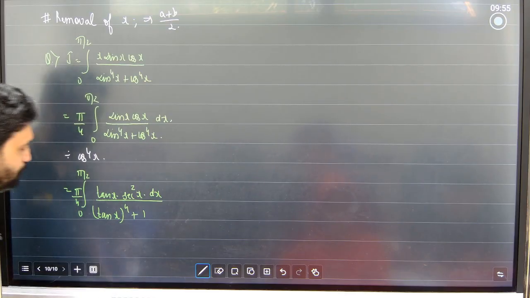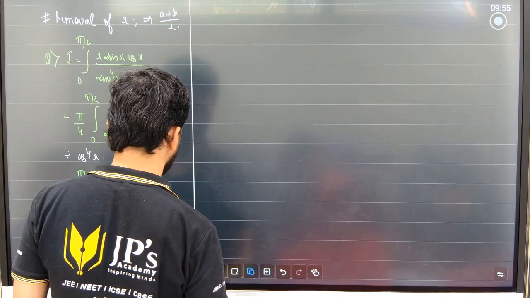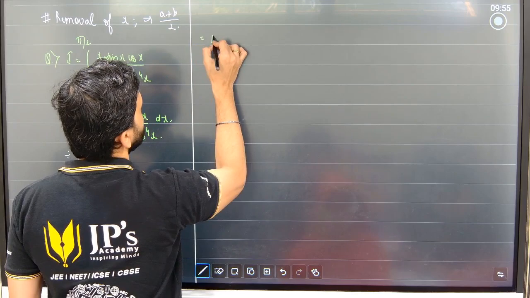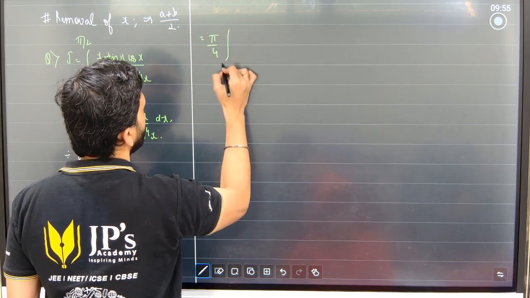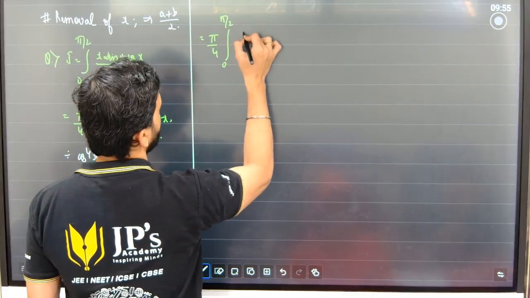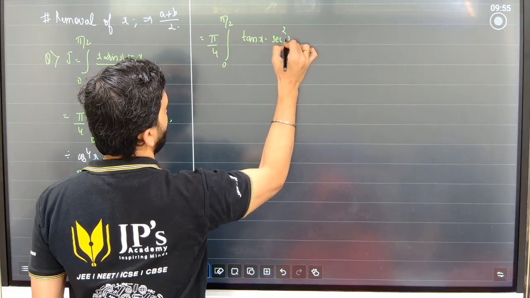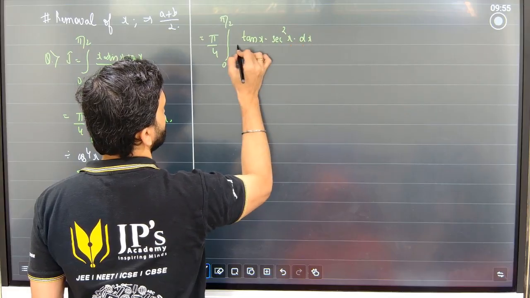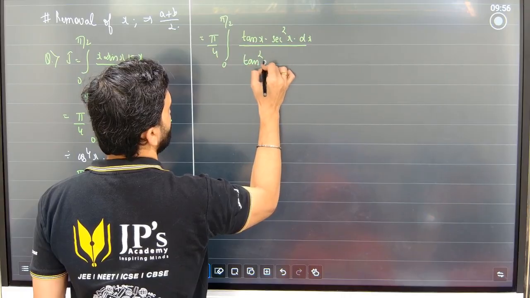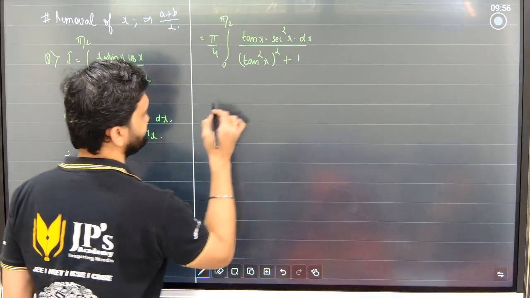Now how will we write this? We will write it like this, because the derivative of tan square x is 2 tan x into sec square x. Okay, so I will write it like this: I is equal to pi by 4 integration 0 to pi by 2 tan x into sec square x dx upon tan square x the whole square plus 1.